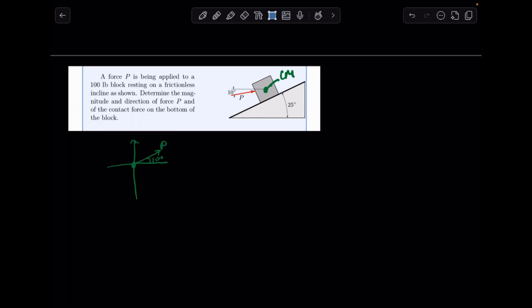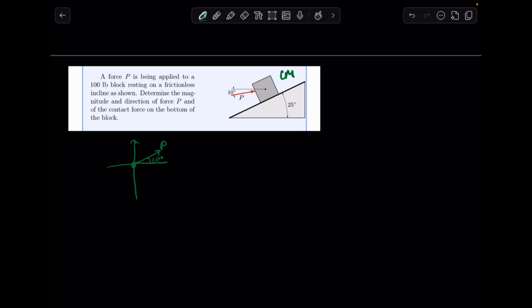Our force P is being applied at 10 degrees right there. You see, all we're doing is moving this force from here, this force right here, P. We're just translating it here. What other forces do we have acting on our system? Let's see. So we have our weight, which is always going straight down.